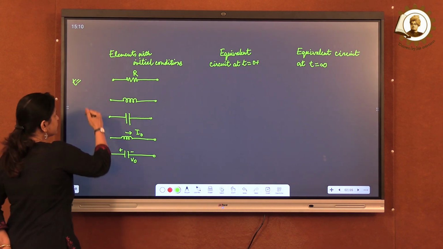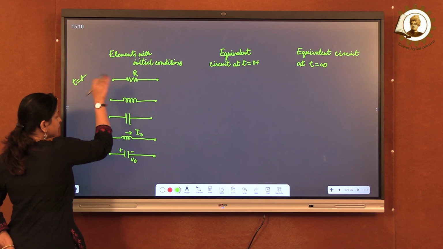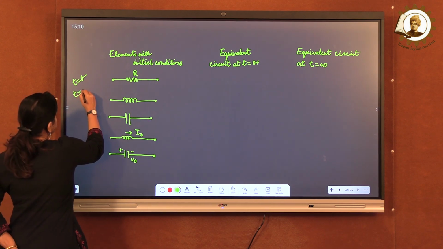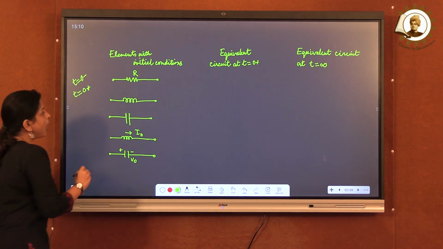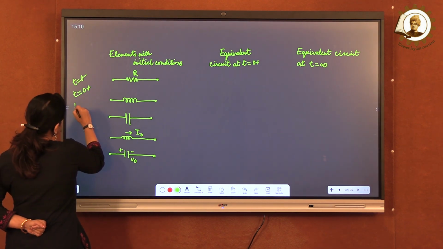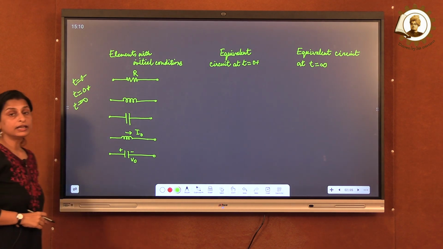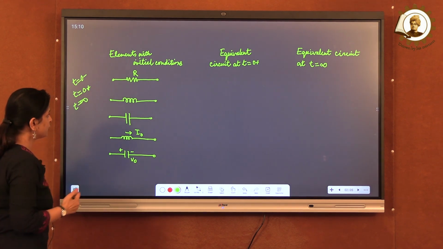Just after closing the switch the time is denoted by t equal to 0 plus, and for the steady state condition, the other time which we consider is t equal to infinity. So these are the times which we consider in the transient analysis of networks.